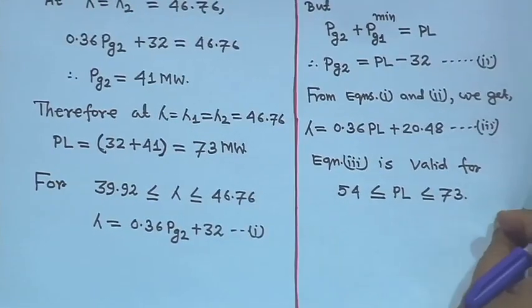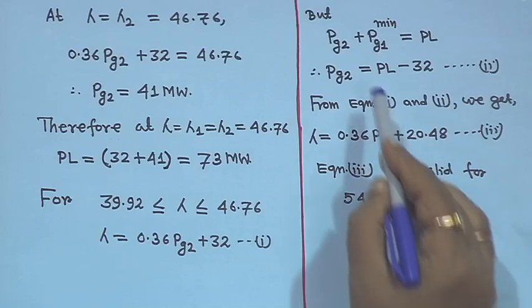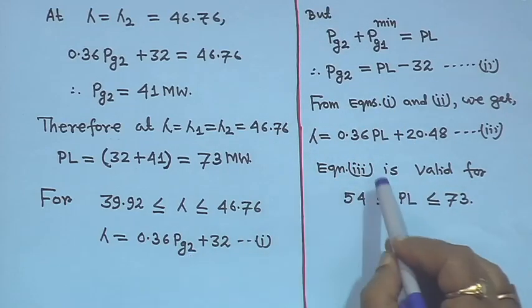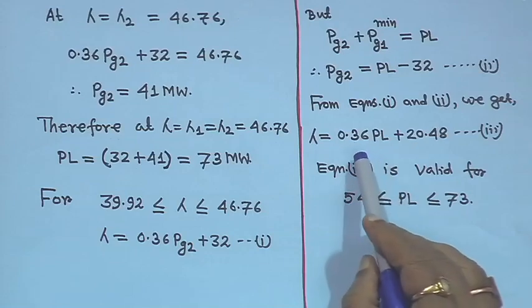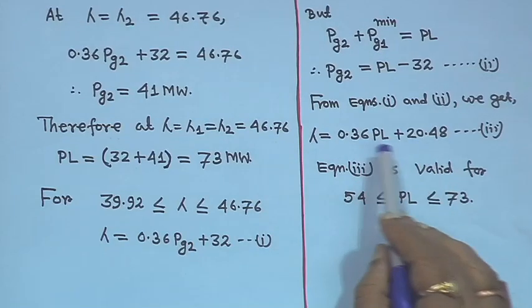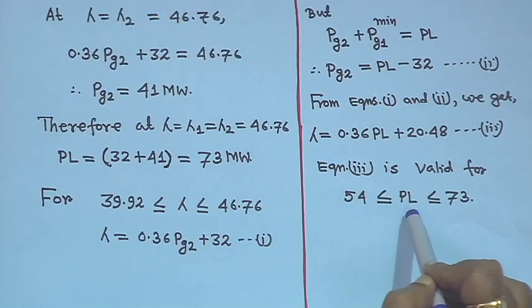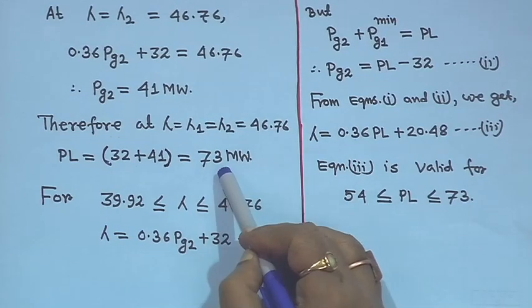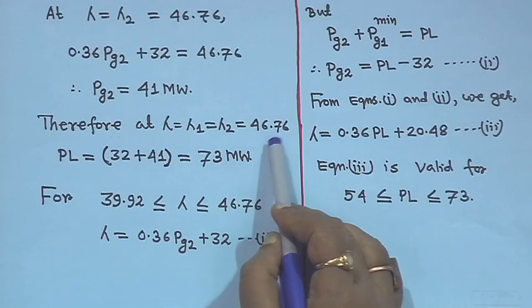You substitute this Pg2 here, and you will get lambda equal to this. So this equation is valid when PL is lying between the minimum load 54 and 73 megawatt, up to the equal lambda basis when it is 46.76.